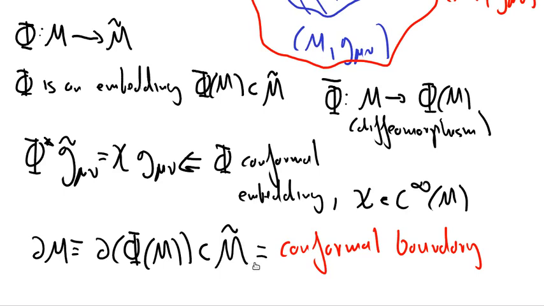So this is not an intrinsic set which we can define only from the properties of M. We need to somehow invent the big manifold M tilde and the conformal embedding phi.